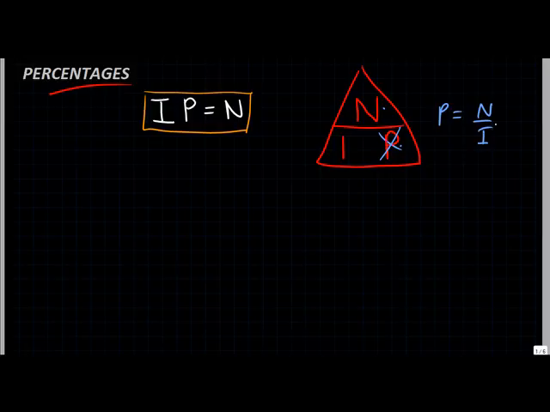The grown-up way of looking at rearranging this is this sentence says I multiplied by P is equal to N. If you want to get rid of a multiplication, you apply an inverse. The opposite of times is divide.